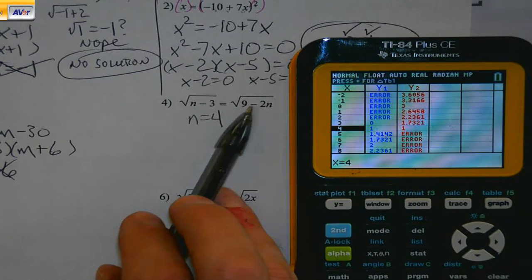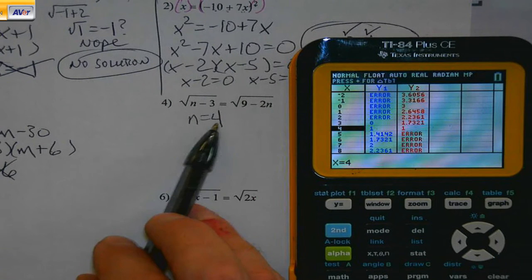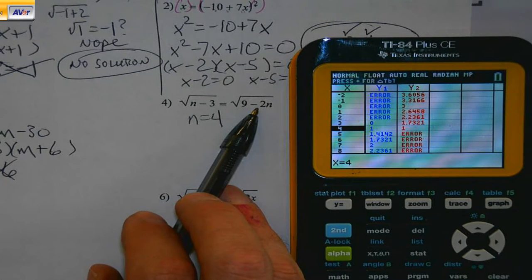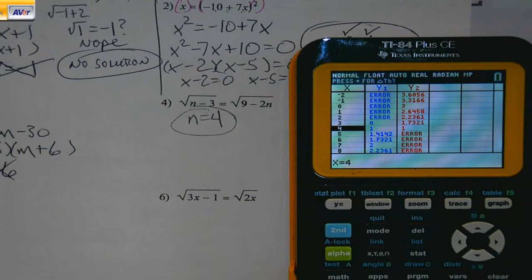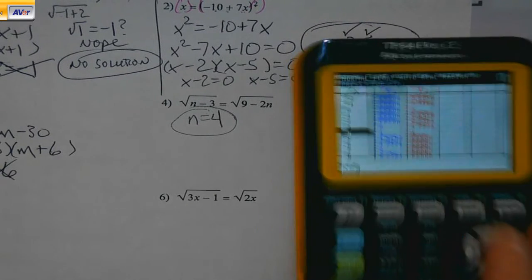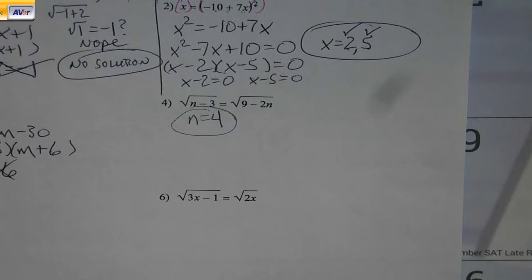If I plug in 4, 9 minus 8 is 1, the square root of 1 is 1. I'll spit it out. And I can get my solution. Absolutely legitimate. I was trying to figure out a minute ago what happened with my intersection. But like I said, that's a problem we can run into sometimes with technology. But it can work.